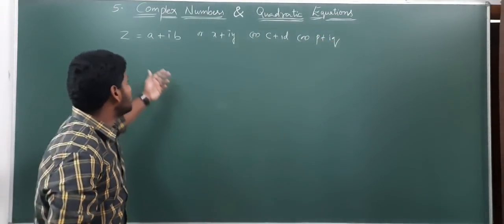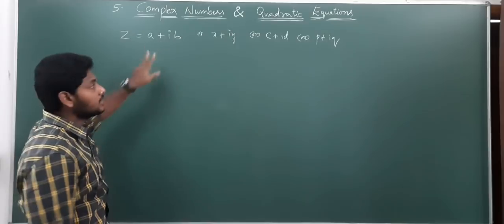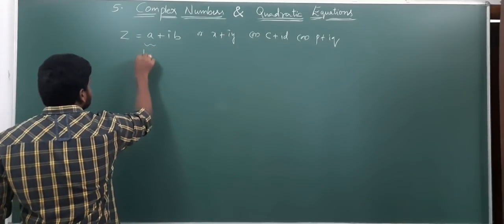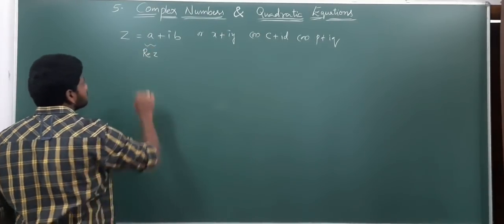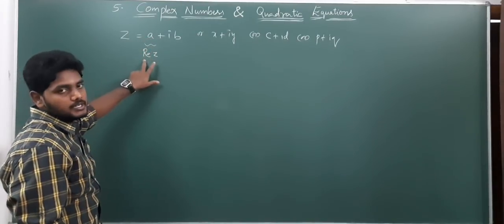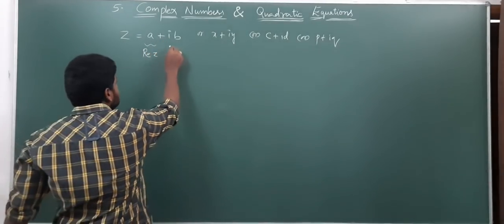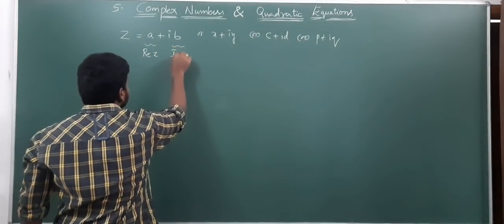In any one of these forms you can write it, represented with Z, where a is the real part of Z. Here Z is a complex number. This a is the real number, and in a plus i into b, this b is the imaginary part of Z.